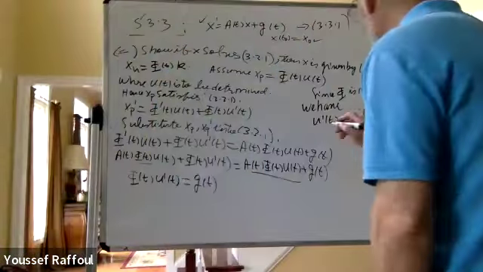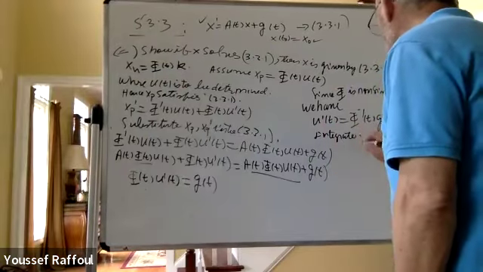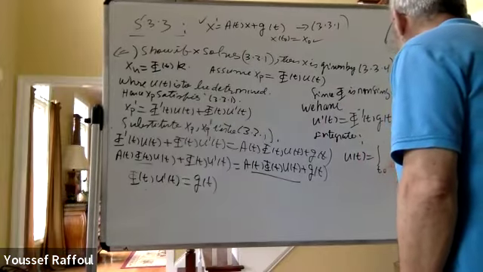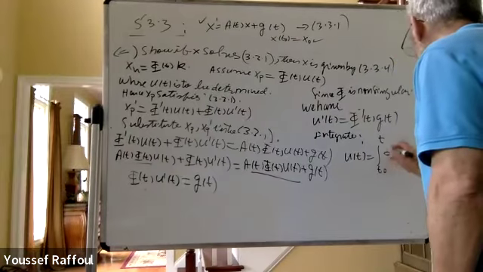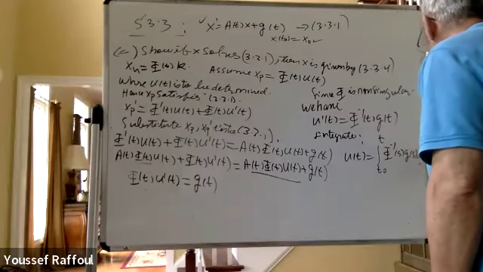Now, integrate, and we get u(t) equal to the integral from t_0 to t of phi inverse of s g of s ds.